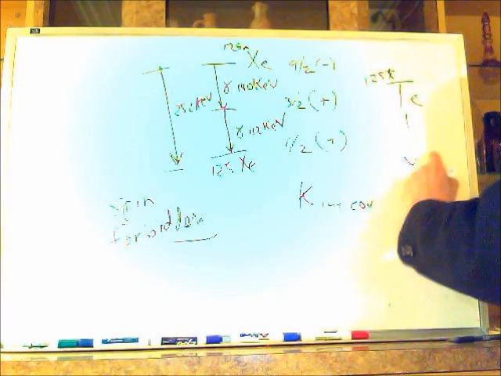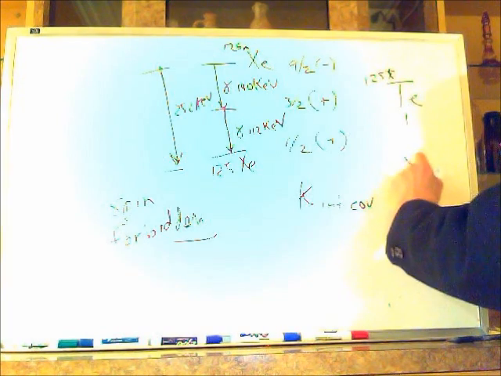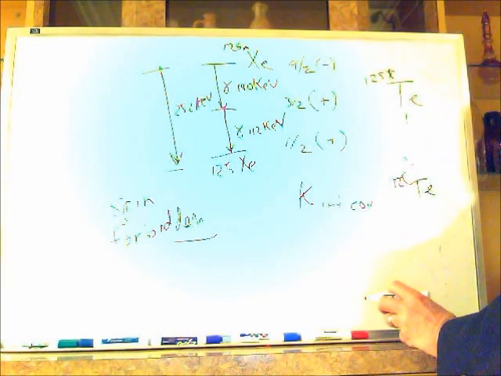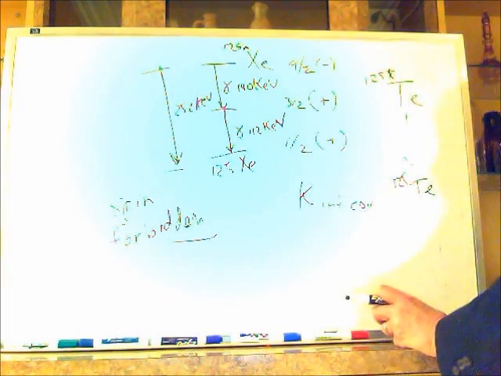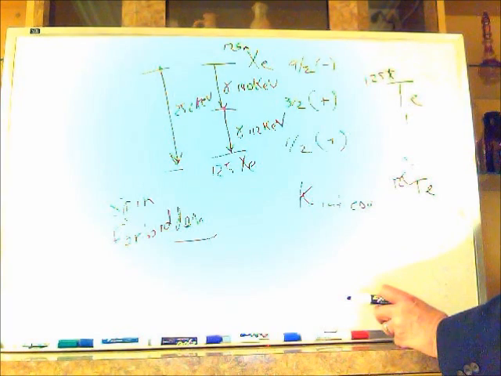So this could drop down to the ground state of tellurium through this gamma. It loses 35.5 keV, and that's a probability of 6.66%. We could have a K internal conversion electron emitted. That's got an 80% probability. We could have an L internal conversion electron emitted. That's 11.42% probability, or an M internal conversion electron with a 1.90% probability.